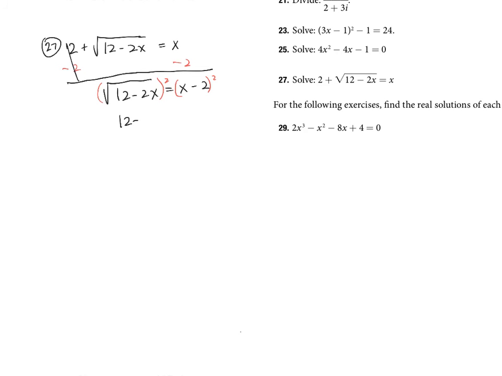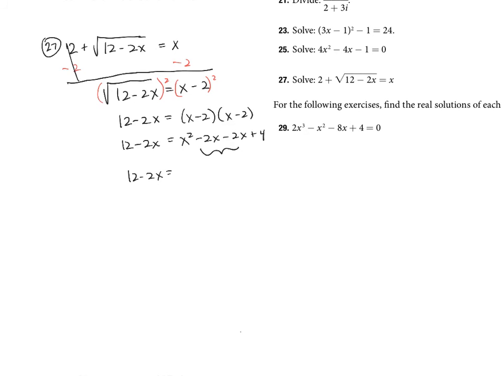So that'll leave 12 minus 2x on the left, and on the right we have x minus 2 squared, which is this. So we have 12 minus 2x is equal to x squared minus 2x plus 4. We have a quadratic equation, so we need to get everything on the same side set equal to 0. I'm going to start by combining my like terms over here.